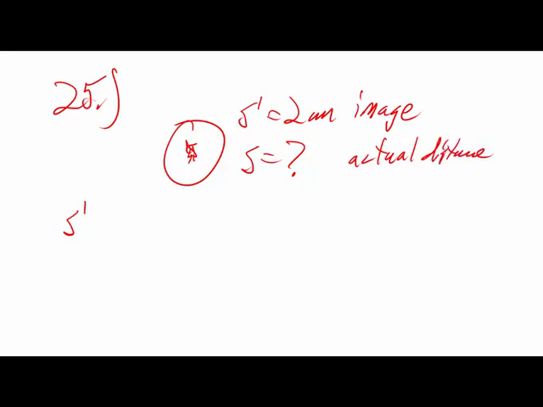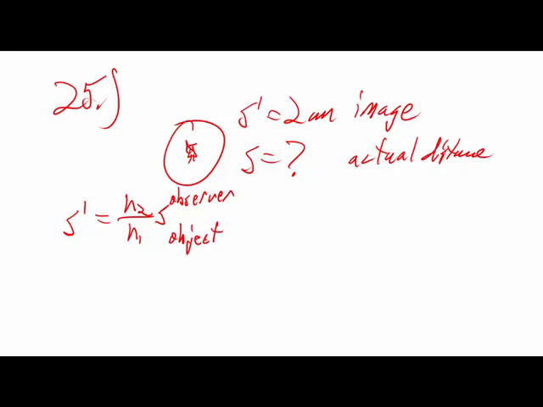According to equation 18.7, S prime is equal to N2, the index of refraction of 2, over the index of refraction of 1, times S. Now let's differentiate what is what. The observer is N2, and the object, what's being observed, is N1.